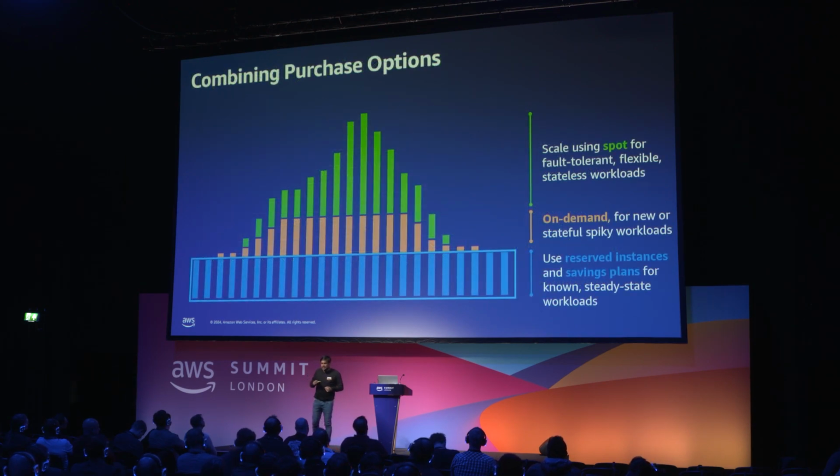So this is a workload utilization chart. If you look at it, the blue bars indicate the steady state of the workload. When your workload is steady, that's the constant usage of your workload by your customers. That's where you apply the reserved instances and savings plans.